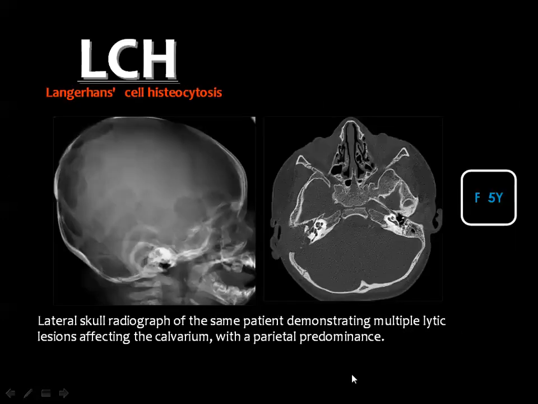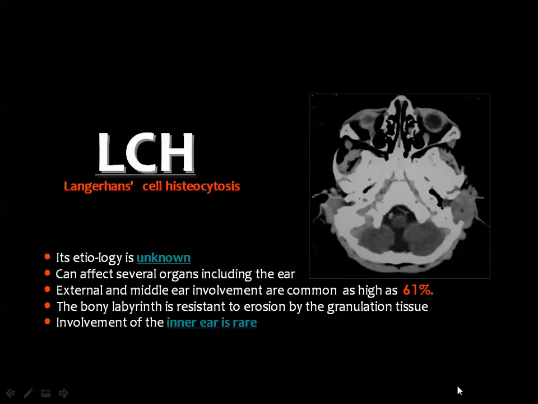Then we came to another lesion affecting the external auditory canal, which is the Langerhans cell histiocytosis. And this is one of the lesions that can be seen particularly in children, either separately or in association with multiple osteolytic lesions of the calvarial and facial bones.